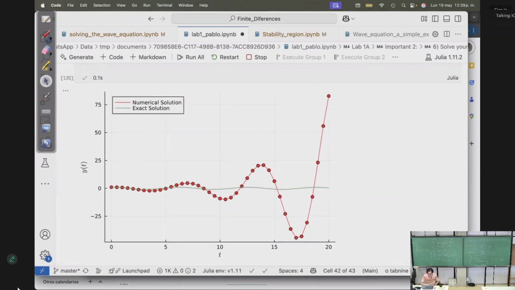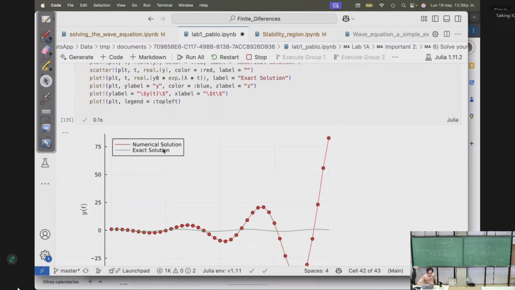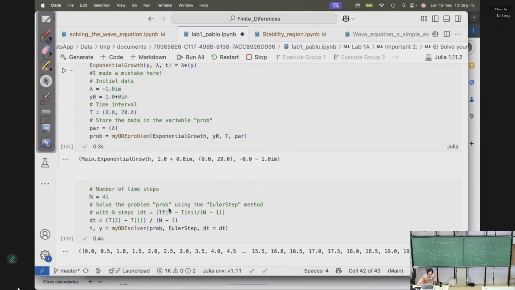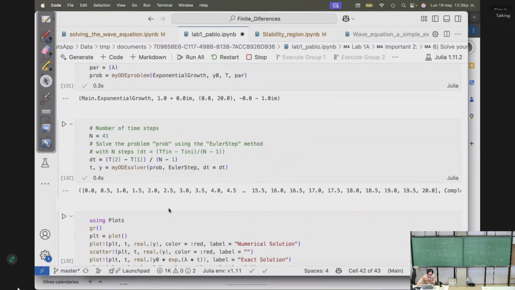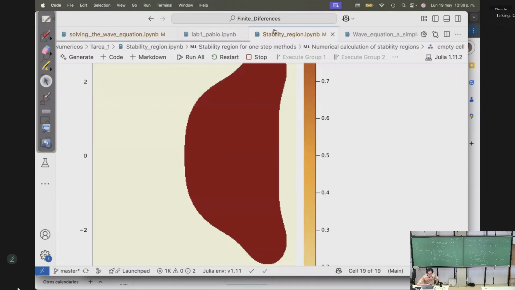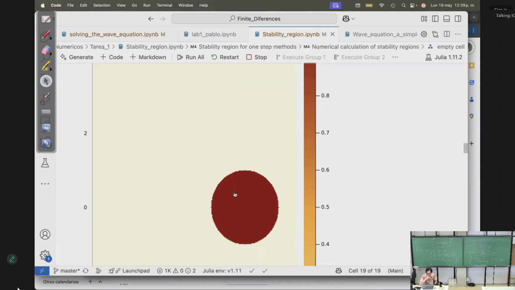Okay, here we go, right? So here we have this solution, which is actually kind of a sine wave, and this is the numerical solution, and this starts going up and down, and it starts getting larger and larger. So this is what we were talking about in the stability region, right? Our eigenvalue here, lambda, is the imaginary part, and we are in the Euler method.